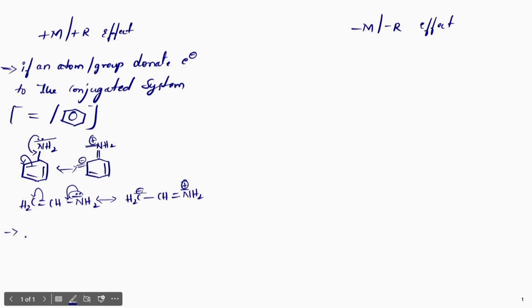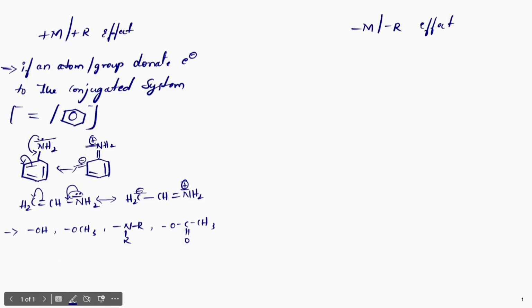That is, OH is an example for positive mesomeric effect. OCH3, and NR2, O C double bond OCH3. These are all few examples.